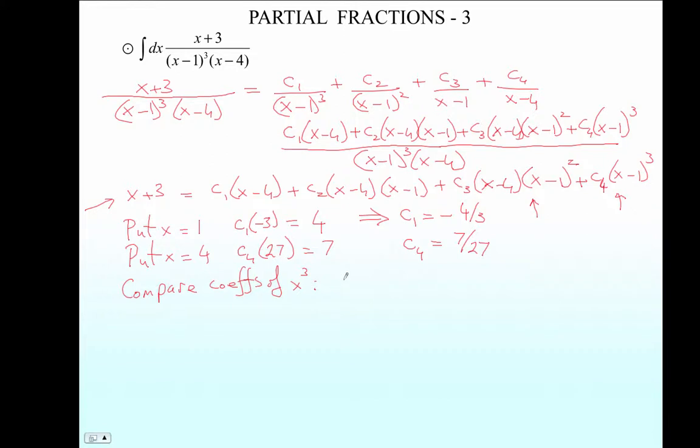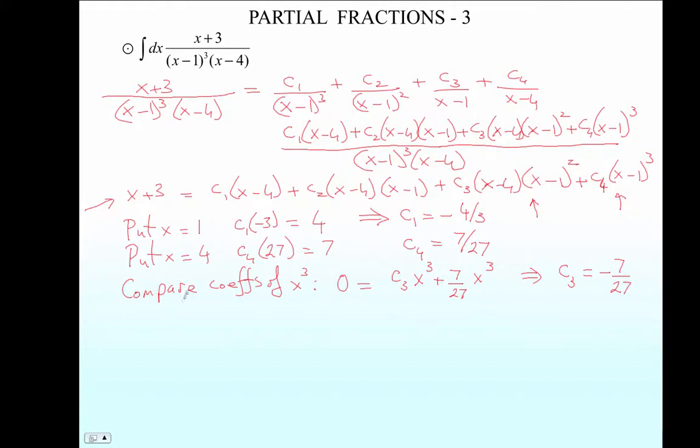On the left side, I have 0, that is, there's no x cubed term over here. And on the right side, we have c3 into x cubed, and then there's also c4 into x cubed. But c4 is 7 over 27. And so from here, I get c3 is equal to minus 7 over 27.